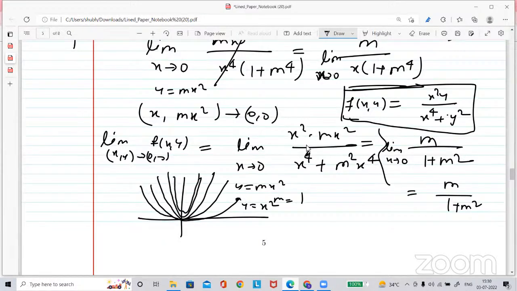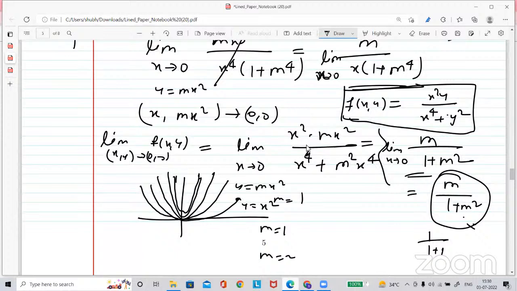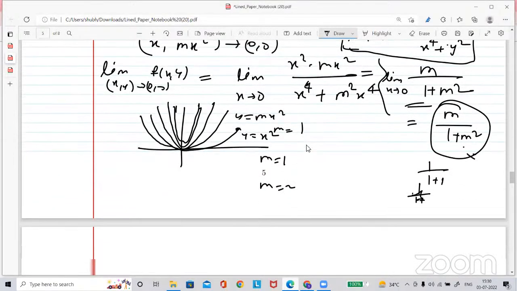As you change the curve, your limit changes. Suppose m is equal to 1, your limit is going to be 1 upon 1 plus 1. As m is equal to 2, just substitute m is equal to 2 here, the limit will be 2 upon 1 plus 2 square.